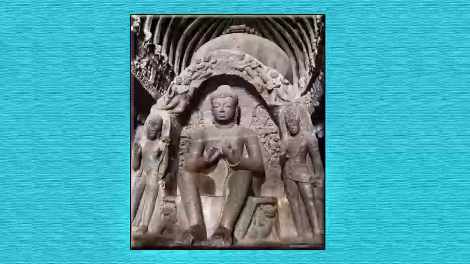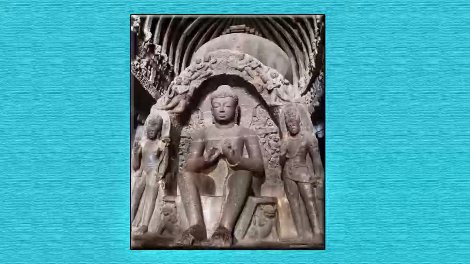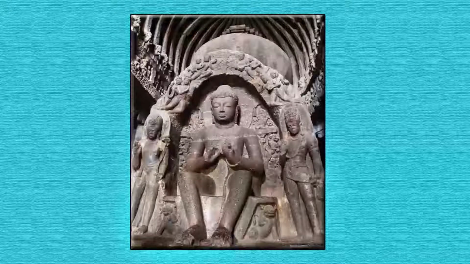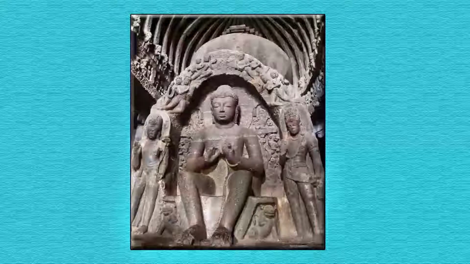So, this again gives us a clue that the sculptor and the architect worked hand in hand, with a kind of mutual understanding between themselves, so that as the architectural process keeps happening, the sculptural process also keeps happening almost simultaneously.